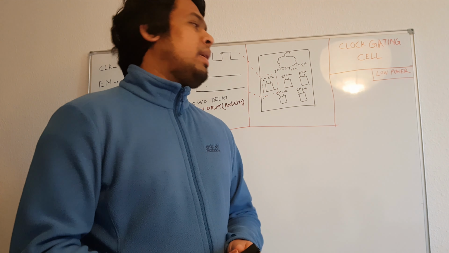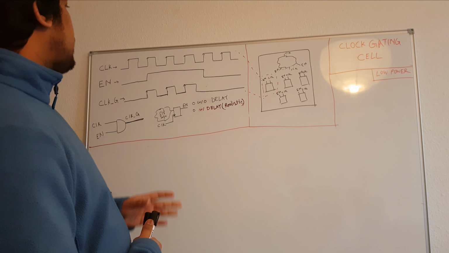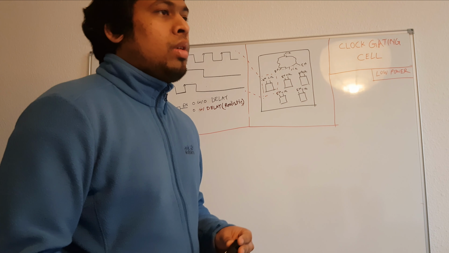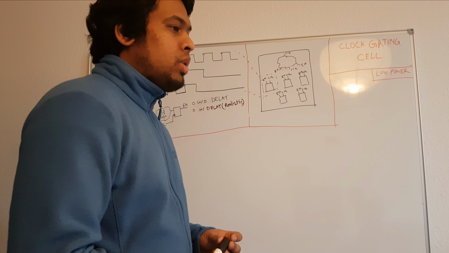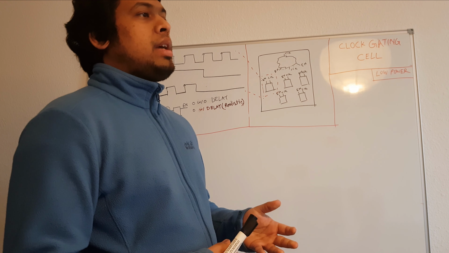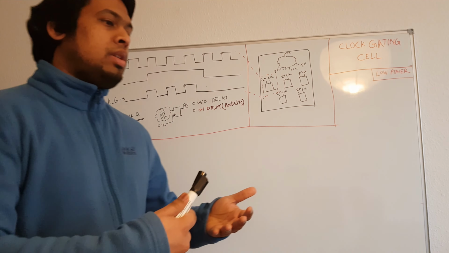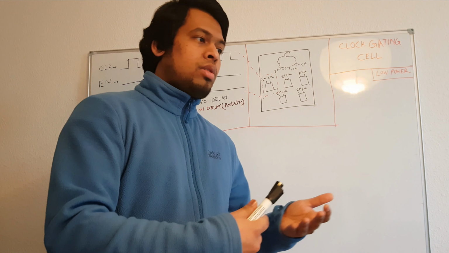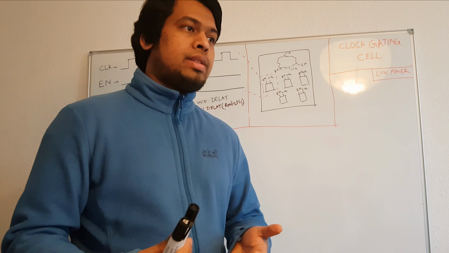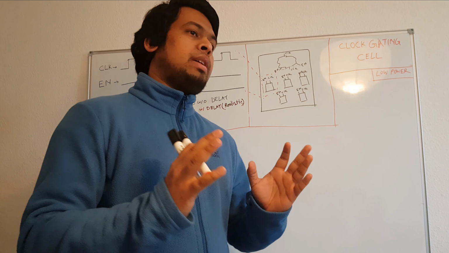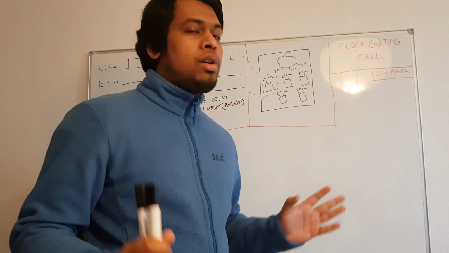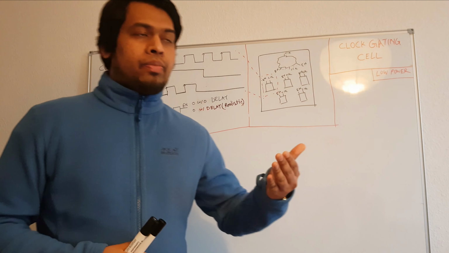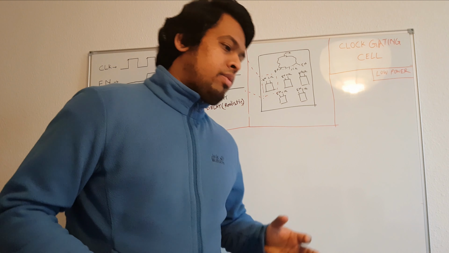So as you can see here, we already have some drawings. Basically, in clock gating you have a clock in your system and you only activate the clock when it is needed. That's the basic fundamental. There are a lot of other ways of doing this, but you have a main clock and many sub modules.